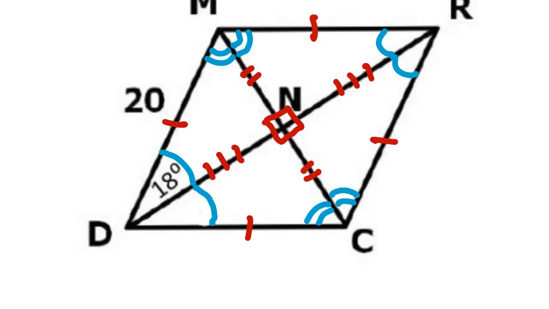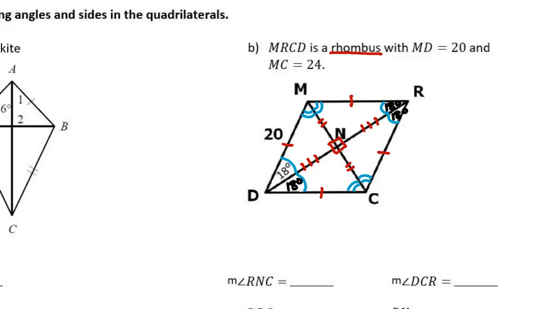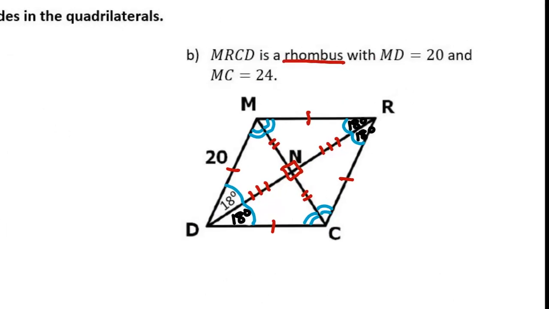And I have a little bit more information here. I have that this angle is 18 degrees, so all those other angles that get marked with the same congruence marks, CDN, MRN, and CRN, these are all 18 degrees. So all 4 of those angles are 18 degrees.